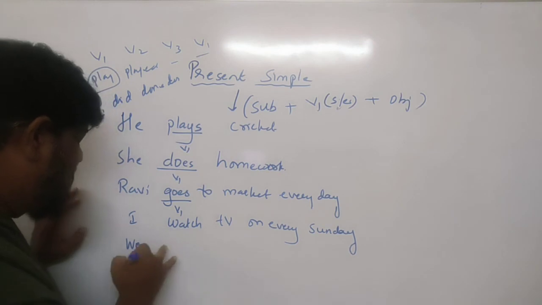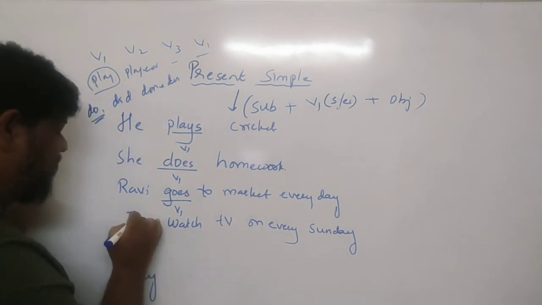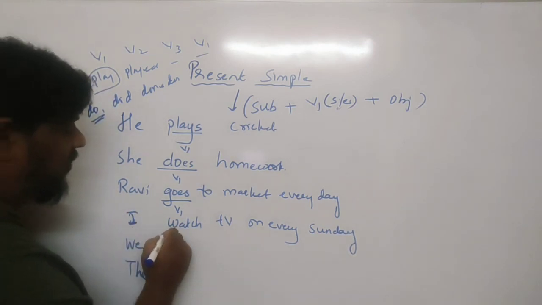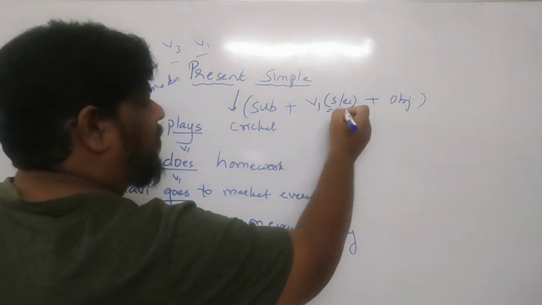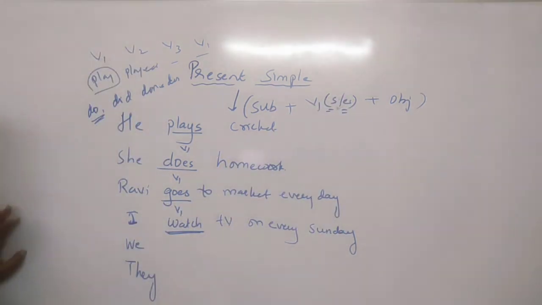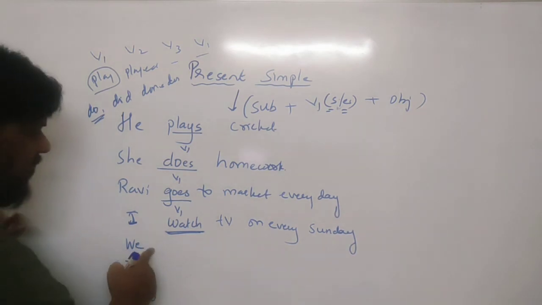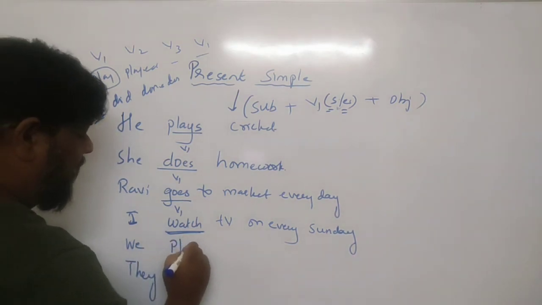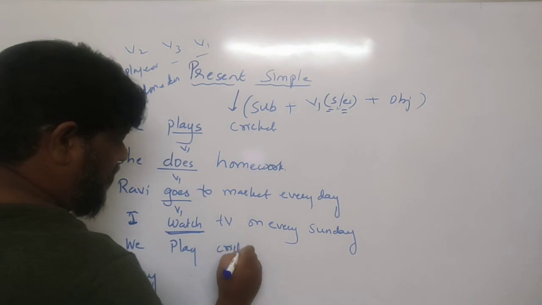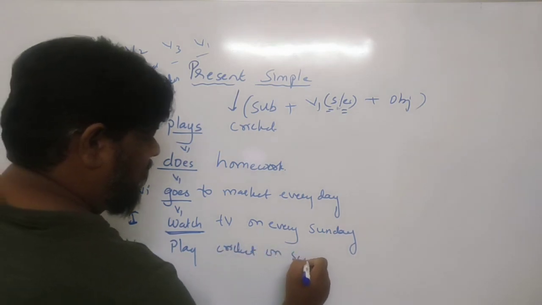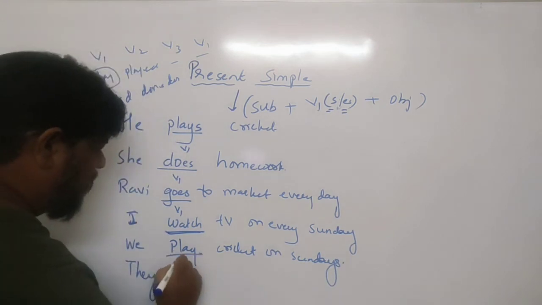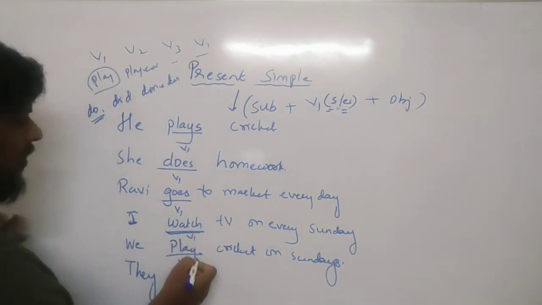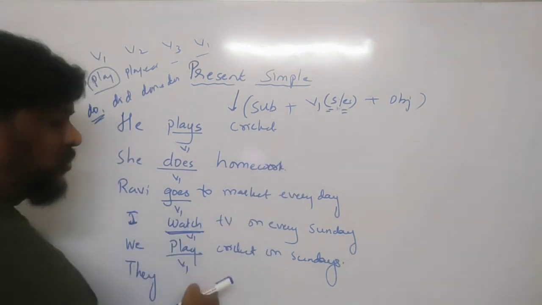But when I take the subject as I, I am saying I watch. I am not using any S form or ES form here. Again, we play cricket on Sundays. Here I am again using only V1, that is play. I am not using any S or ES to that.